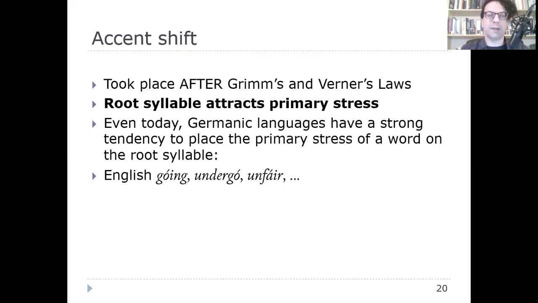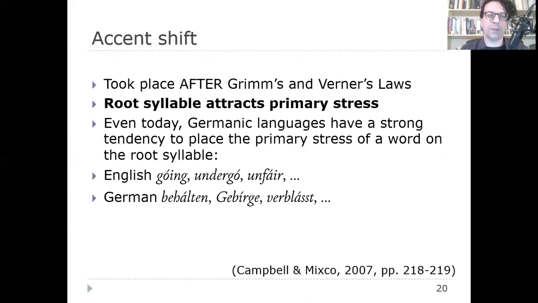So English still has a lot of words that are true to this rule. Going, right? To undergo something. Something is unfair, right? So you typically don't really stress prefixes like under or un necessarily in the English language. And in German, the tendency might still be a bit stronger even. So German has a lot of words like that. Behalten, where halt is the root syllable.